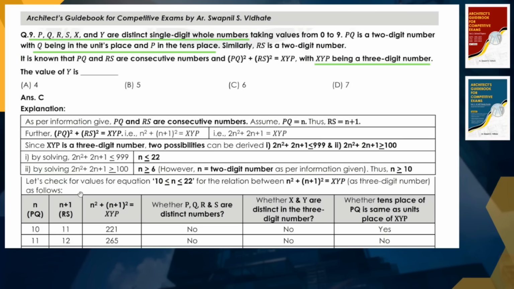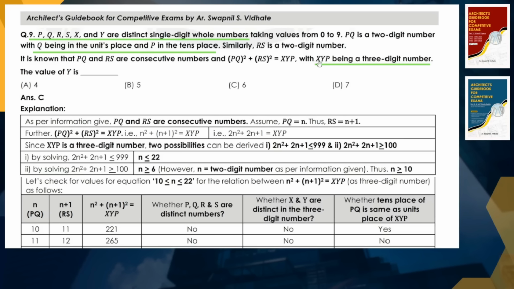So we'll write down the values of N and N plus 1, and we'll try to see whether P, Q, R and S are distinct numbers, which was mentioned in the first part, then whether X and Y are distinct in the three digit number, because X and Y are different ones.